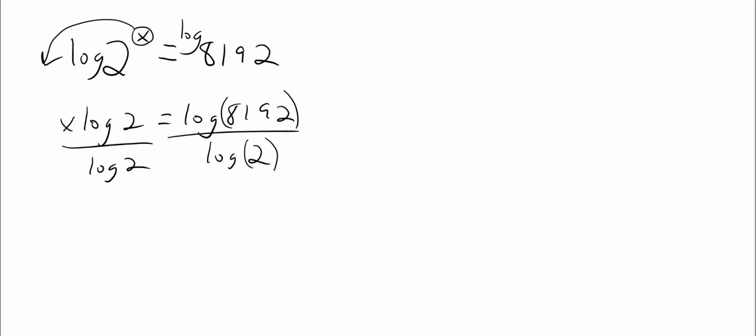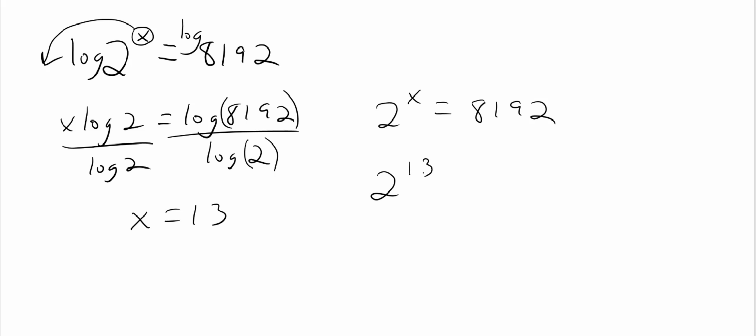Hit enter, and x comes out to be 13. Which is sweet, because basically I'm saying, hey, 2 to what power is 8,192? If you type in 2 up arrow raised to the 13th, it equals 8,192. So x is 13. It's pretty sweet using logs.